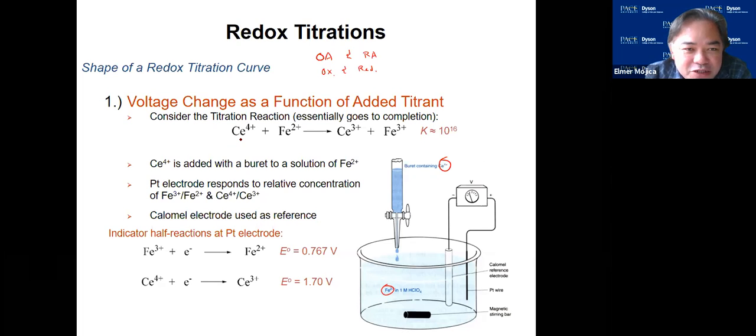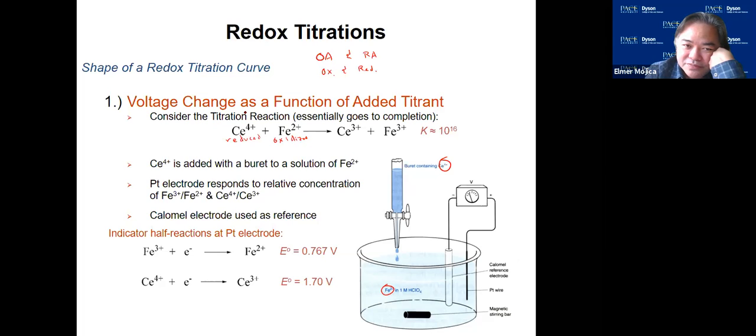We do it one by one, okay? So Ce4+ is reduced, as one of your classmates typed. How about the Fe2+? Oxidized.